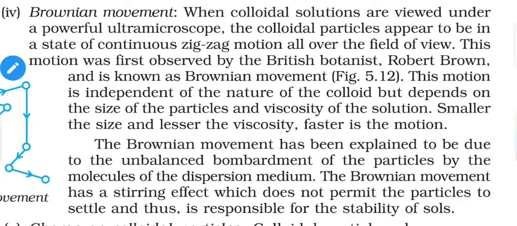If the size of the particle increases, the speed of the movement slows down. If the viscosity of the solution is higher, that means a thicker solution, it will also slow down the particles. Thinner solutions and smaller colloidal particles give speedier movements.